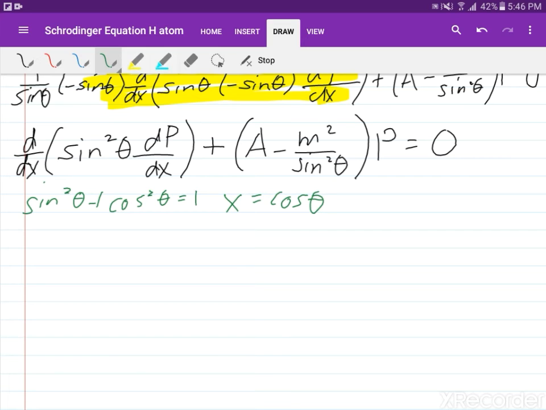So sine squared theta plus x squared equals 1, so sine squared theta will be 1 minus x squared.